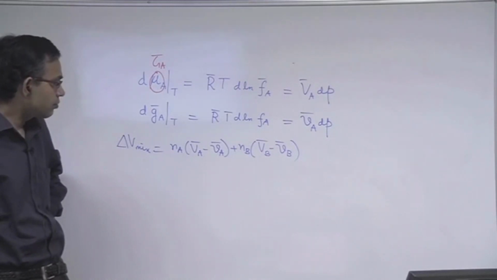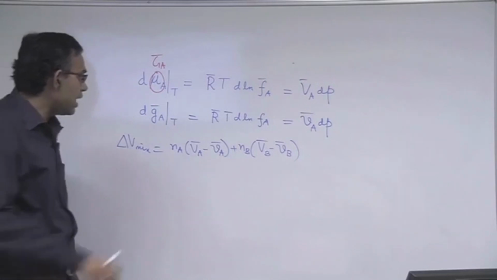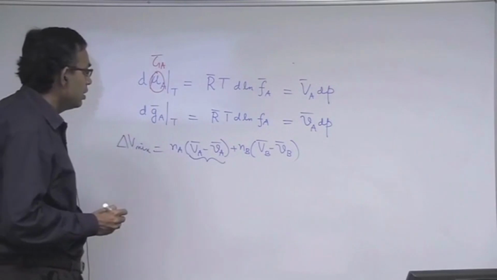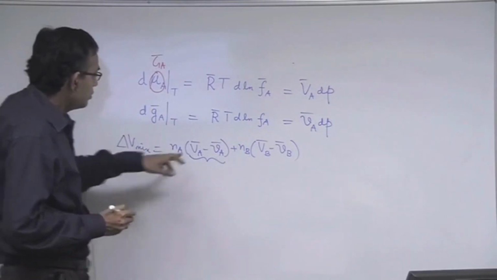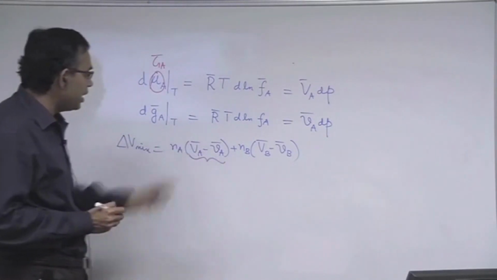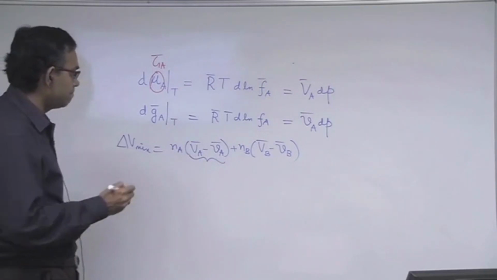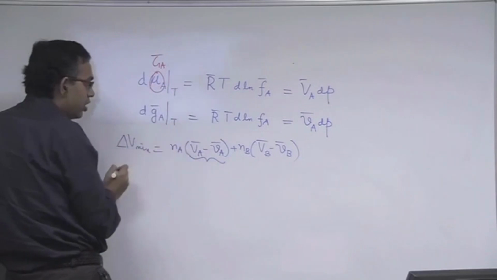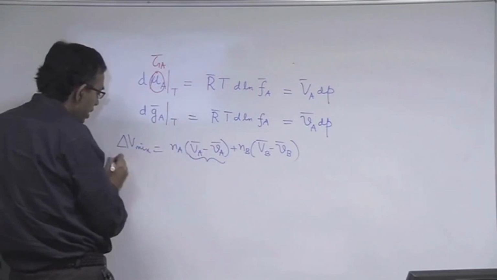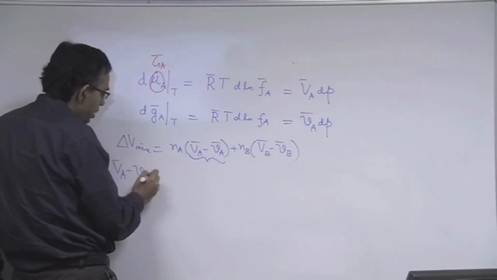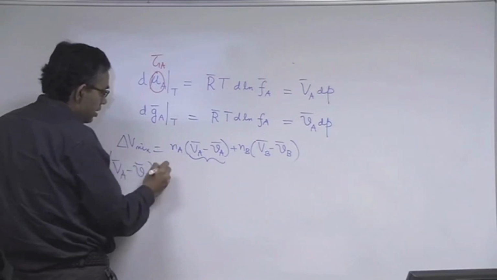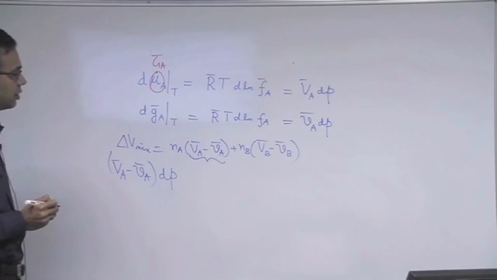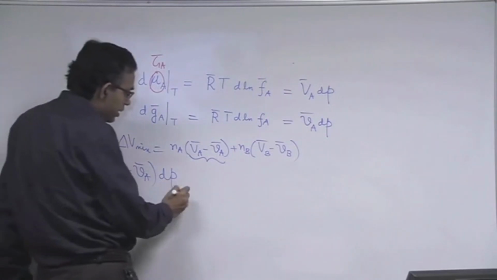Now we will calculate individual terms. Capital V A bar minus small V A. So from the equations which are written at the top, we can write V A bar minus small V A, dP at constant temperature.